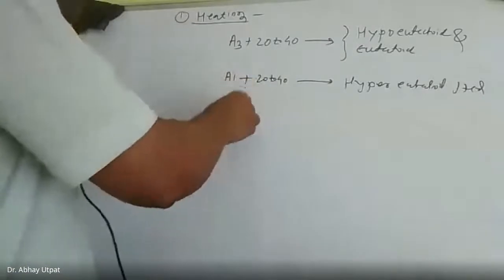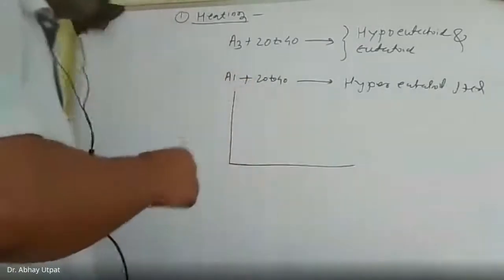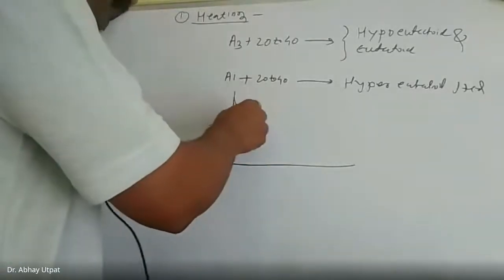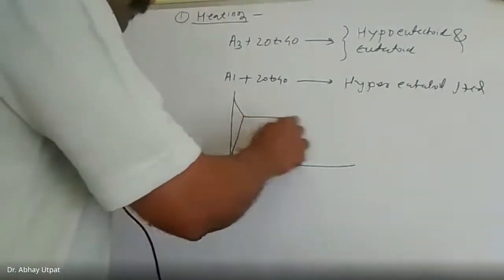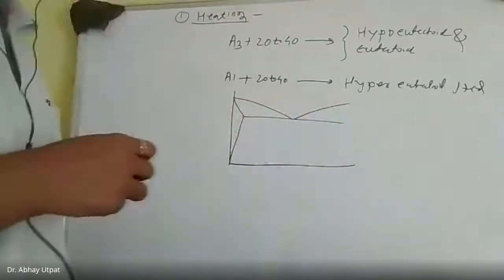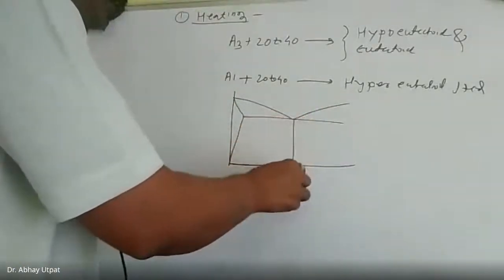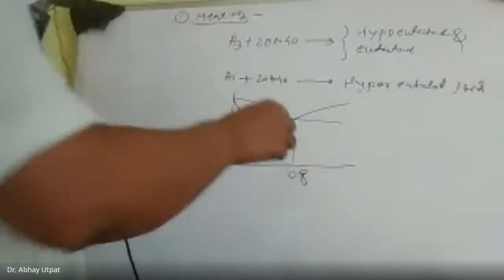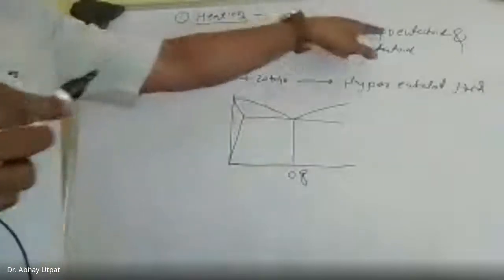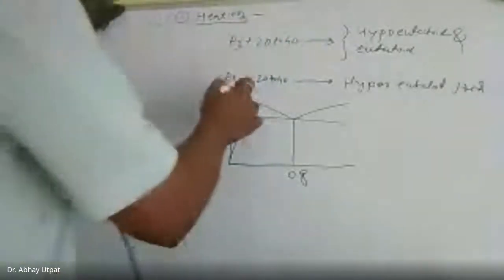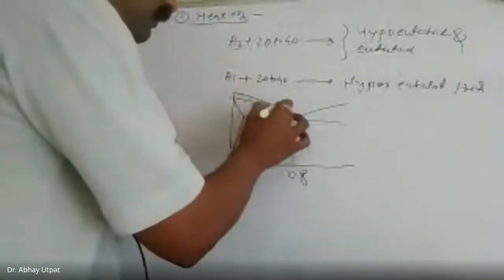So how to show this temperature band? I will draw the eutectoid point. This is the eutectoid point. This is 0.8%. What you have written, see: for hypoeutectoid and eutectoid steel, heating is A3 plus 20 to 40. So we have to show this temperature band.